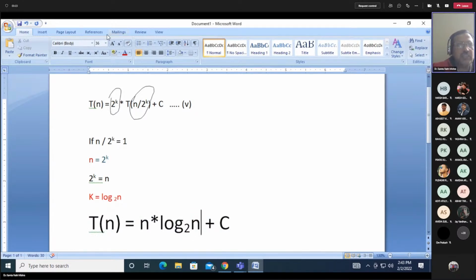So now you have two functions. Your first function is n log n base 2, and your second function is a constant. So what will be the order of Tn?